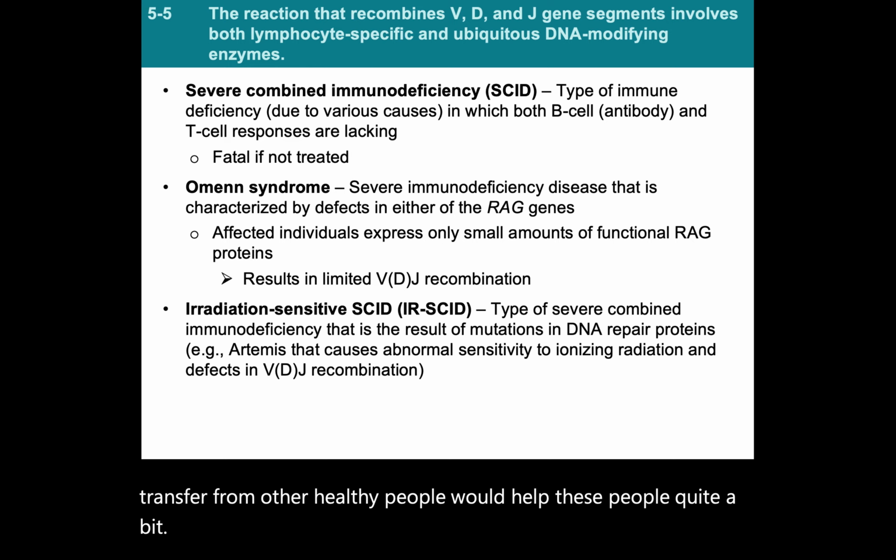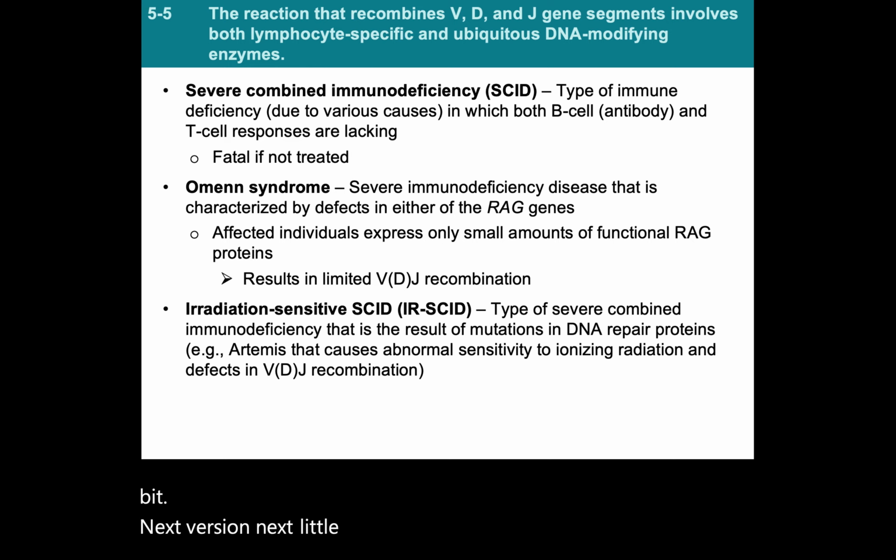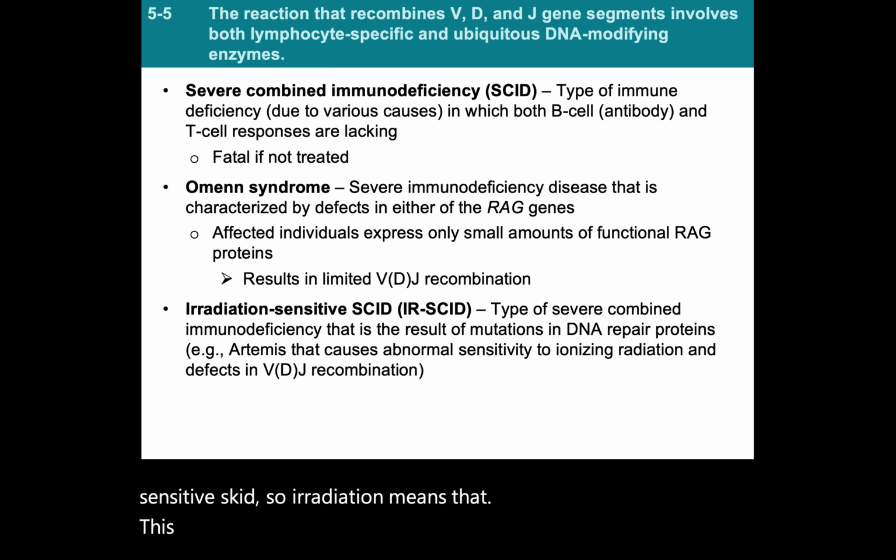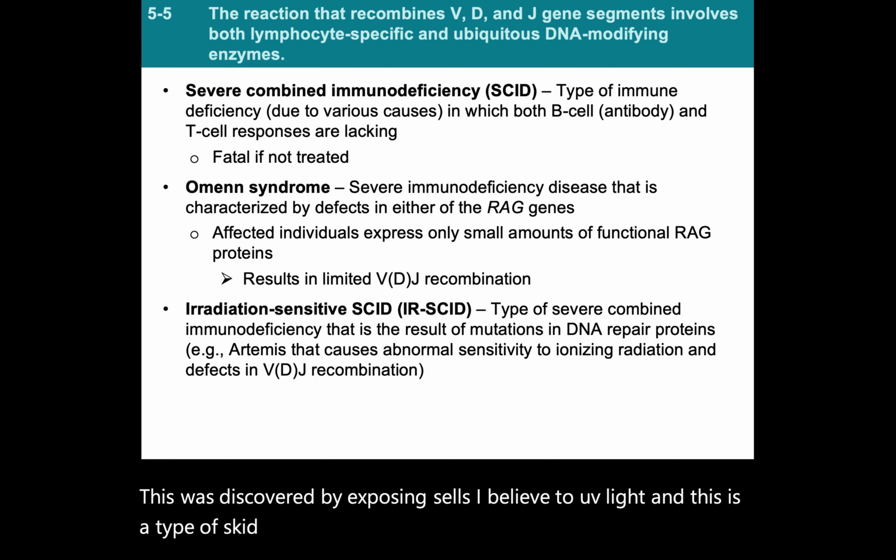Next little immune condition is going to be irradiation-sensitive SCID. So irradiation means that this was discovered by exposing cells, I believe, to UV light. And this is a type of SCID where you have problems in some of your DNA repair proteins.